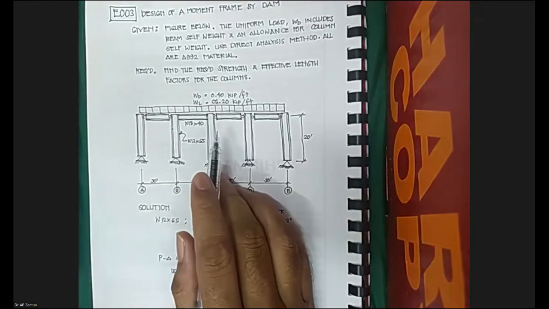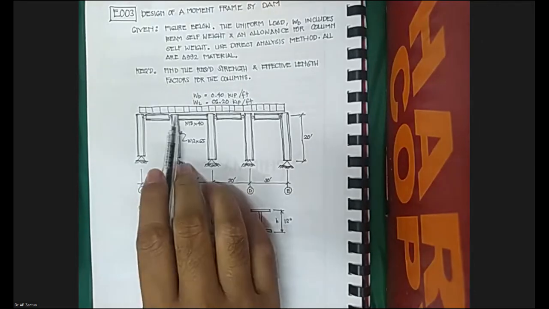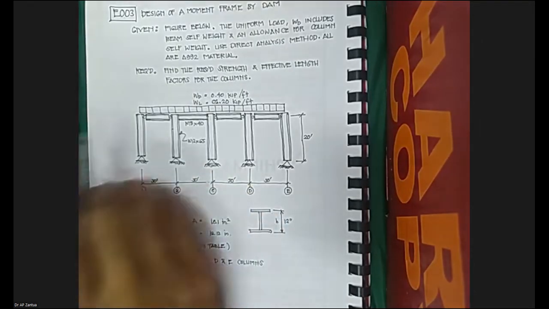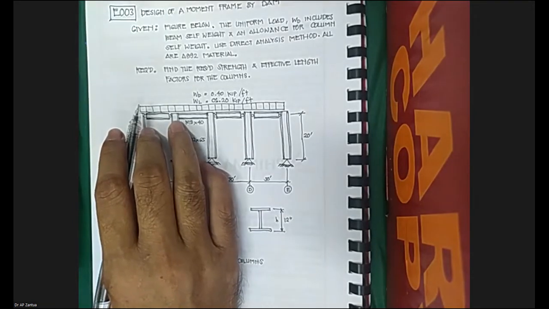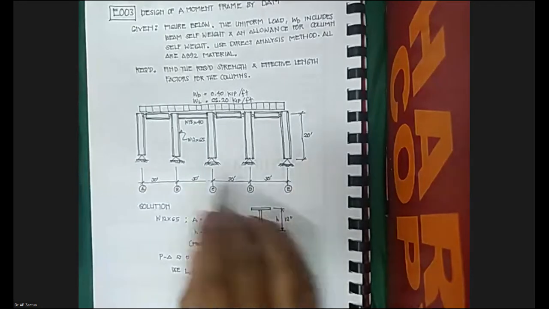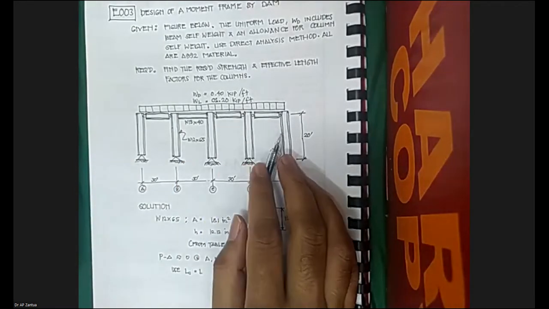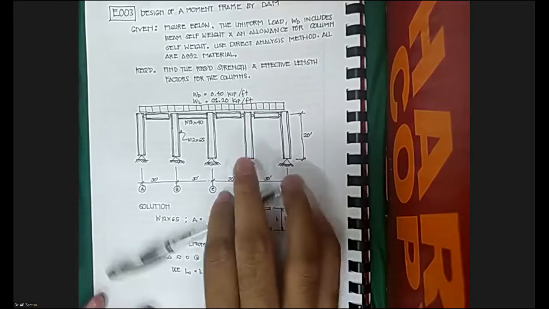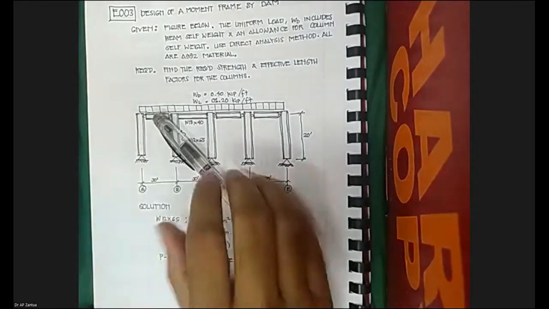Because it will resist moment here, therefore it is the source of lateral stability. So that moment frame is the source of lateral stability, and therefore will be evaluated using the provisions of Chapter C of the AISC specification.